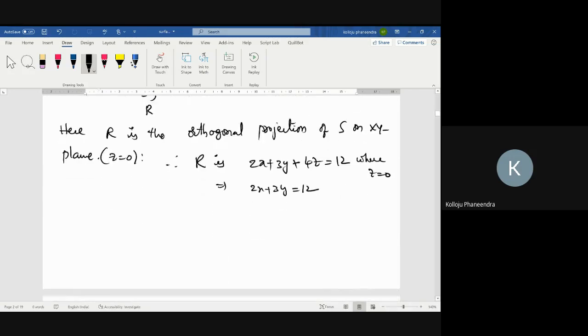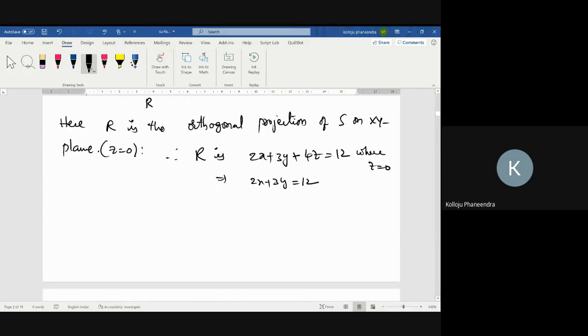Therefore, R is the region bounded in the first quadrant, since the given surface is in the first octant, by the line 2x plus 3y equal to 12.